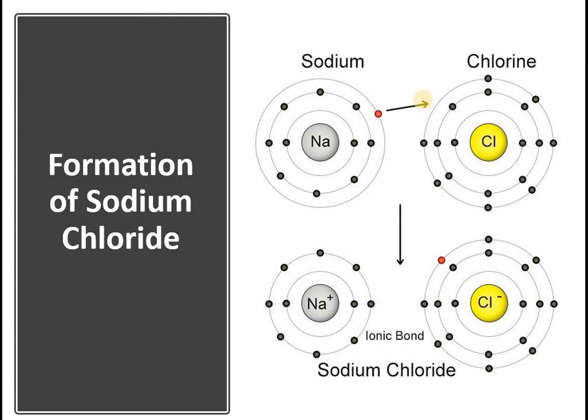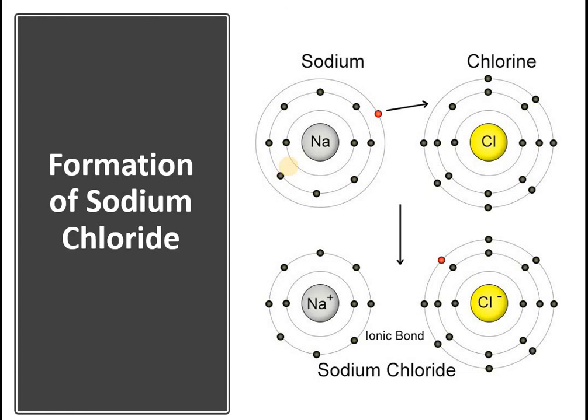So after giving up the electron, the sodium is no more electrically neutral. Why? Because sodium had 11 electrons and 11 protons, which made it electrically neutral. Now once it loses 1 electron, it has 11 protons and 10 electrons, so it is not electrically neutral.